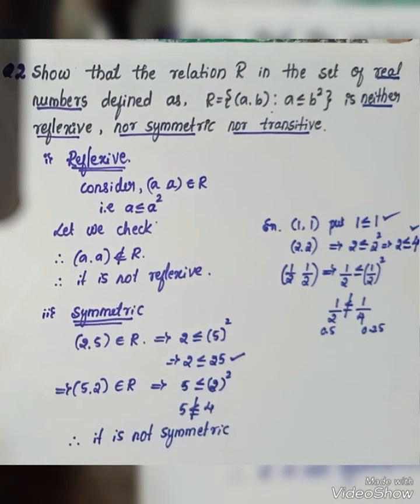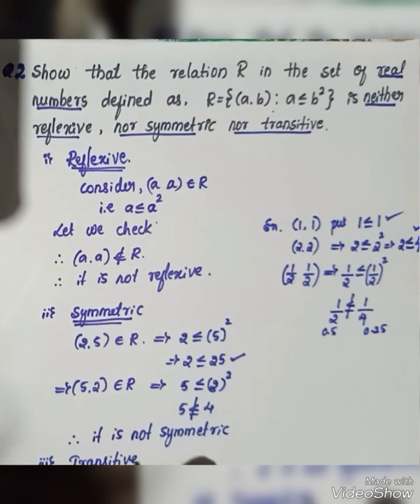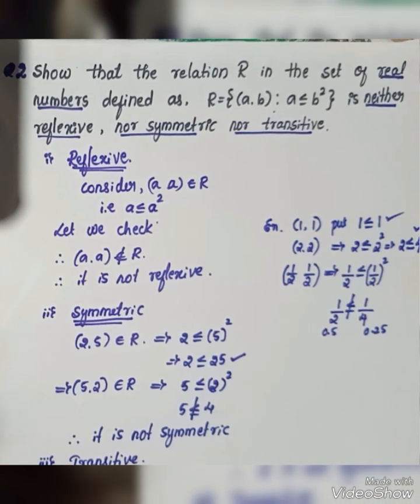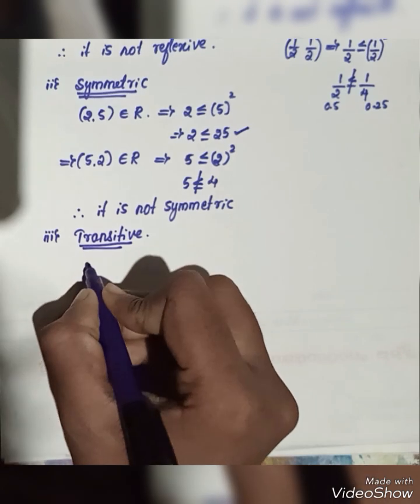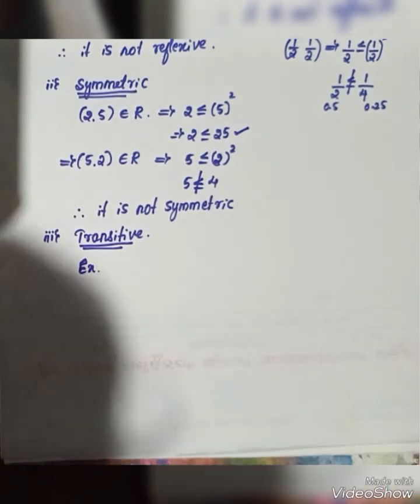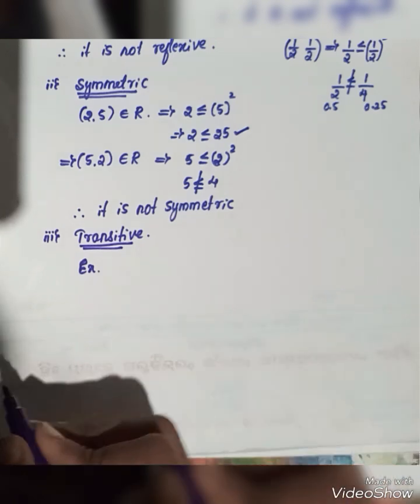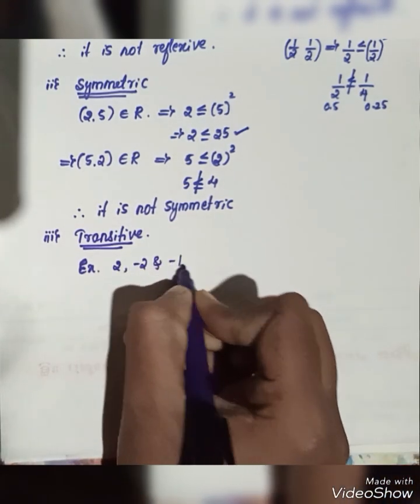Again, for checking the third condition, transitive. We check the condition for transitivity. Here, taking an example: 2, minus 2 and minus 1.